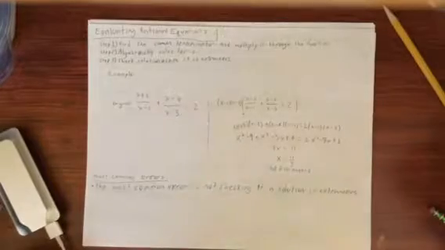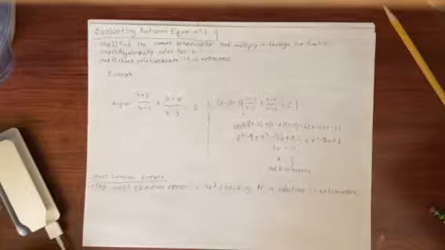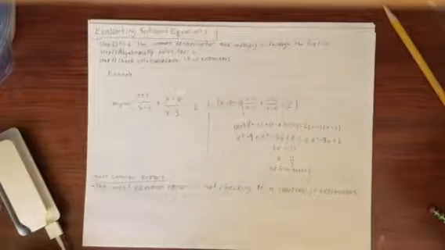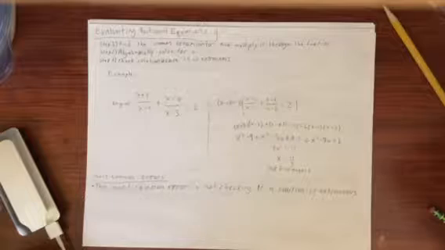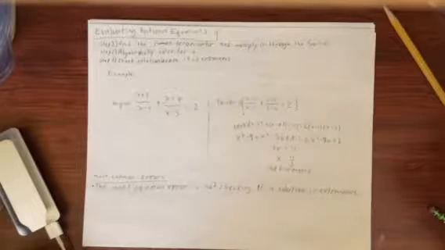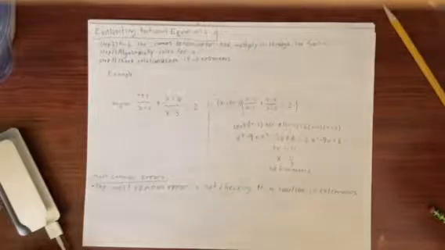Evaluating rational expressions. Step 1, find the common denominator and multiply it through the function. Step 2, algebraically solve for x. Step 3, check if the solution is extraneous, and you do that by plugging the solution back into the equation, and if it causes the equation to not exist at that point, then it is extraneous.